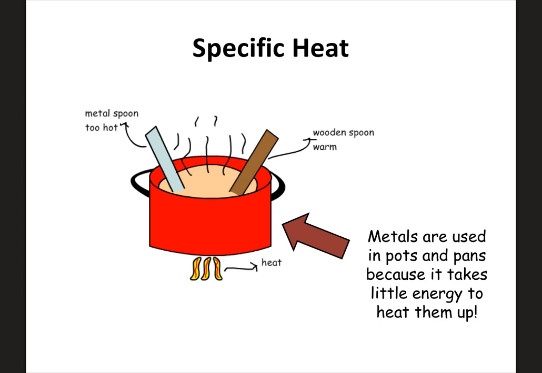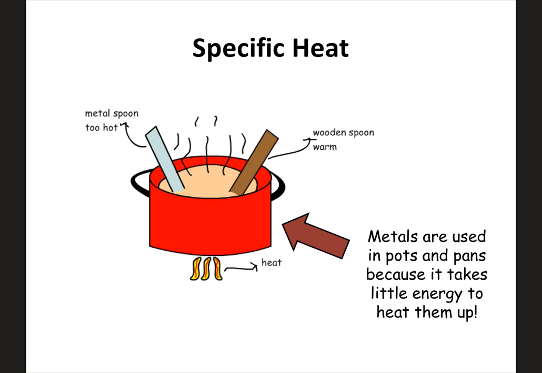Another example of this idea of specific heat: if you put a wooden spoon and a metal spoon in a pot that's cooking on the stove, the metal spoon would be too hot to touch after a while because it has a very low specific heat, whereas the wooden spoon has a higher specific heat, so you could go up and grab it and you don't feel the heat in that spoon.